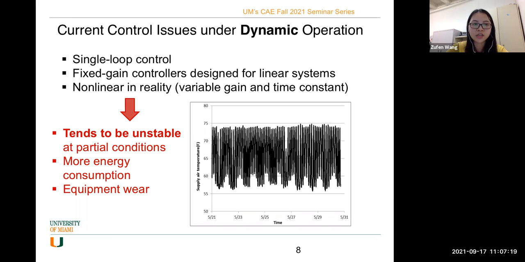Consequently, the system tends to be unstable at partial load conditions with higher gains, and this will consume more energy and also cause equipment wear. Here, this is a supply air temperature in a gym. We can see that over 10 days, the supply air temperature is hunting all the time. Actually, in another project, the water loop pressure is also hunting all the time.